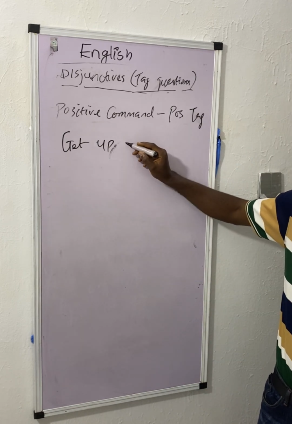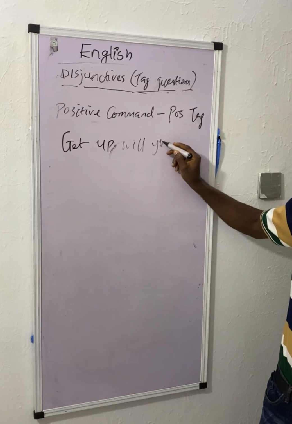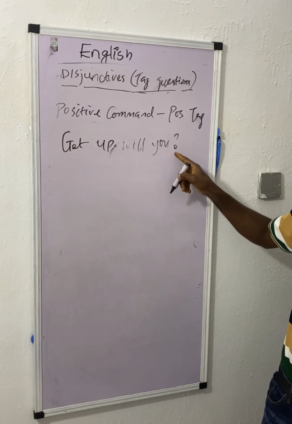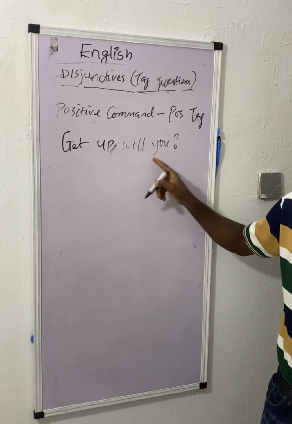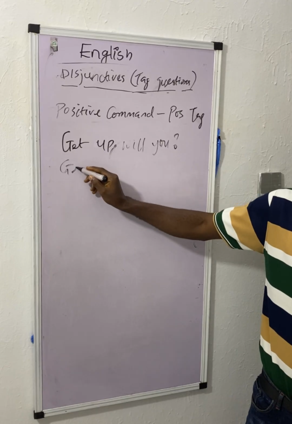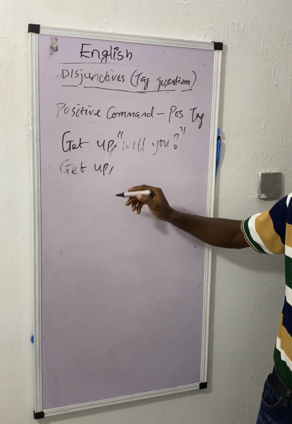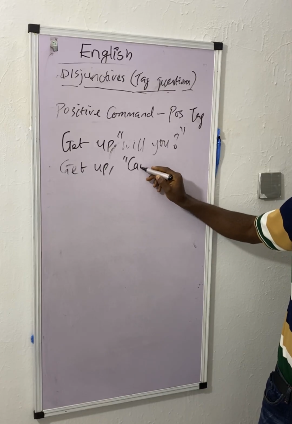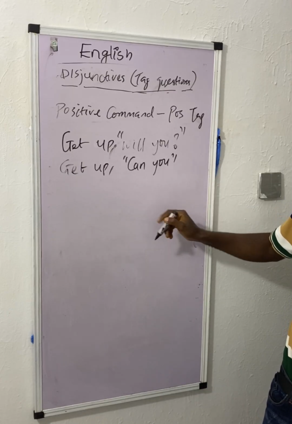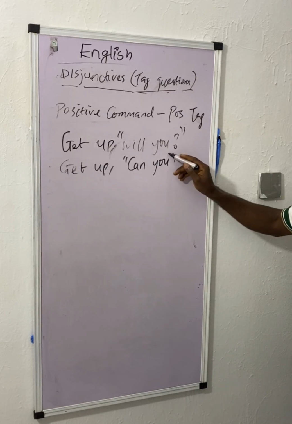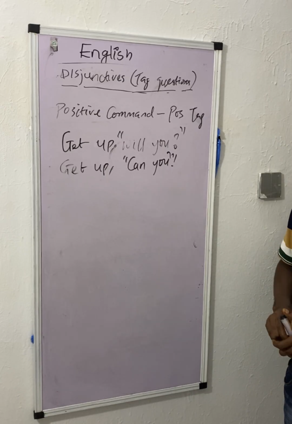What do we use here? We can use will you. Will is positive. We can also say get up, can you? Both are correct.